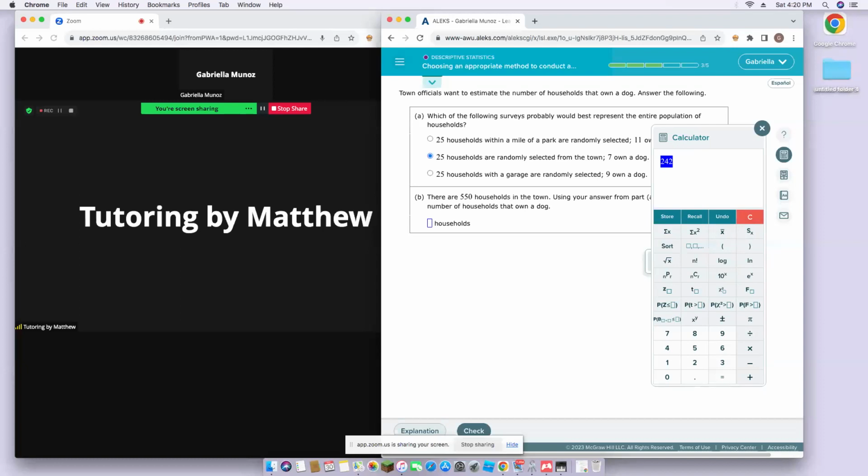All right, so it's 7 out of 25 is the baseline, and then you're multiplying it by 550. I did 11, I'm sorry, I looked wrong. 7 divided by 25. Yes, because in there it says 7 own a dog out of the 25 in that little grouping there.